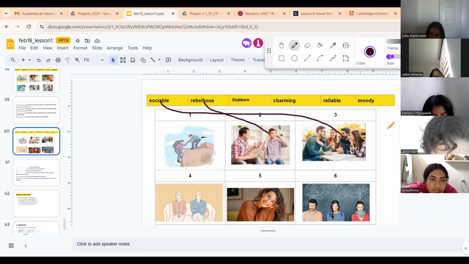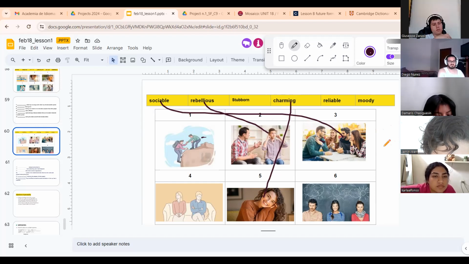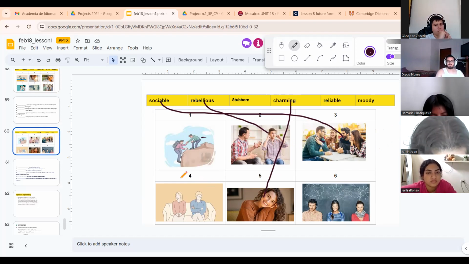Charming is number 5. Damaris. Number 4 is moody. Okay.